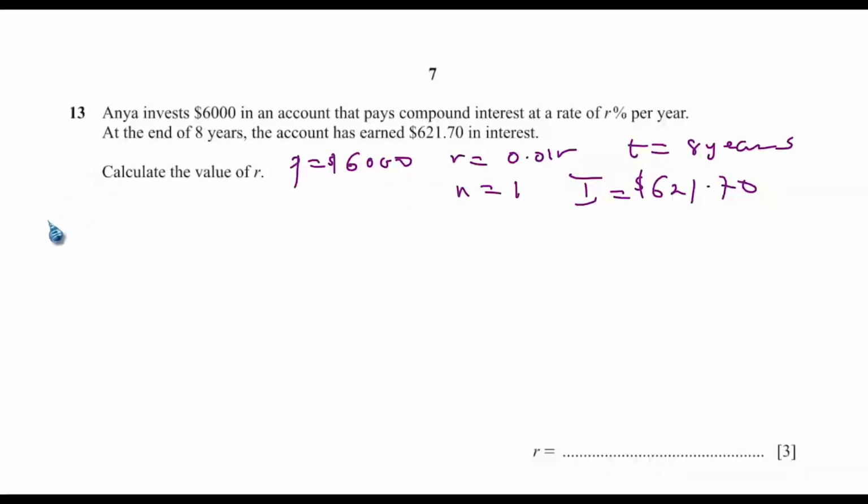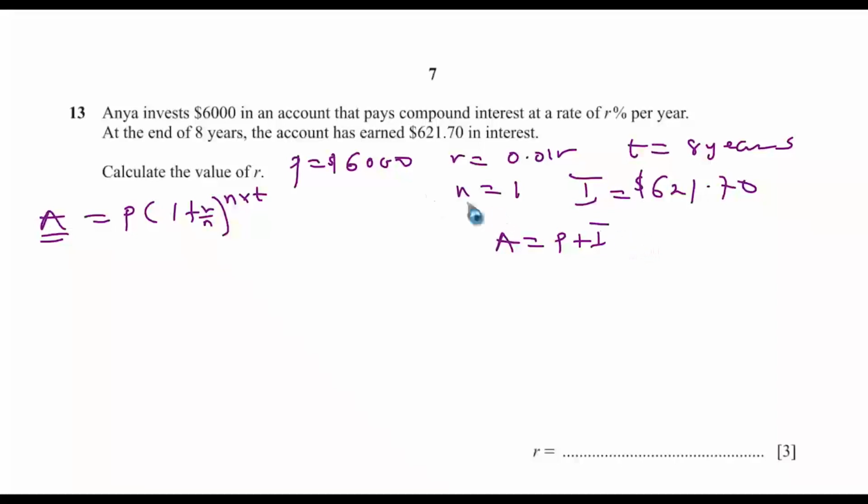Of course, we know that there's a formula giving us A equals P times (1 plus R over N) to the power of N times T. So we need to get the amount. Once we get the amount, we can plug in the values here. But we also know that the amount is equal to the principal plus the sum of the interest.